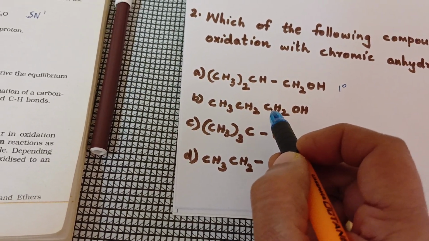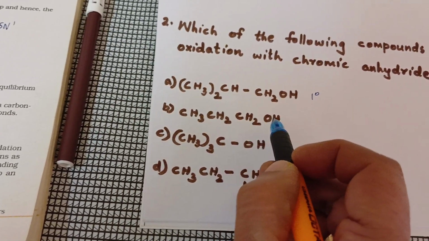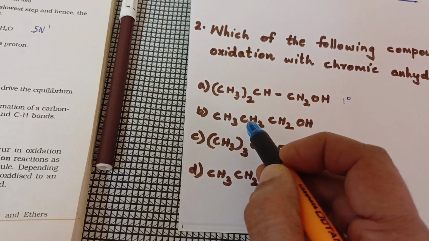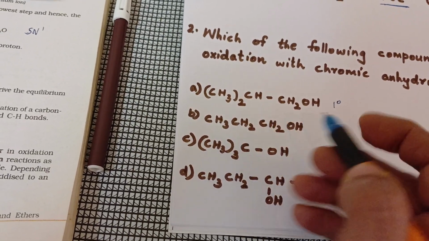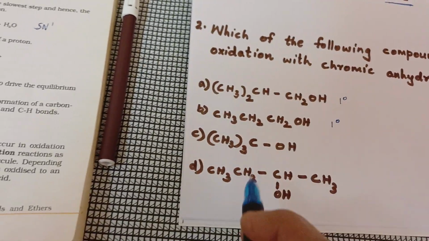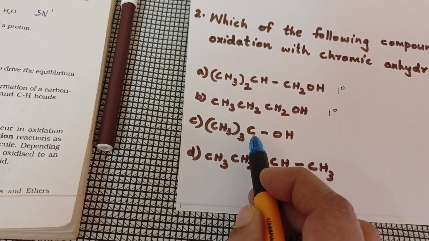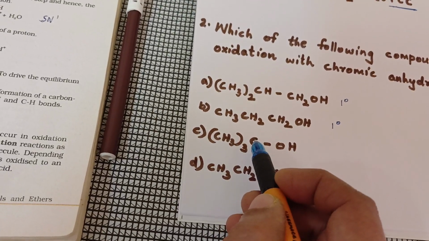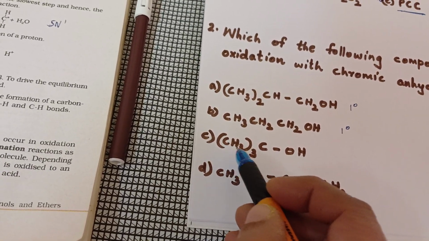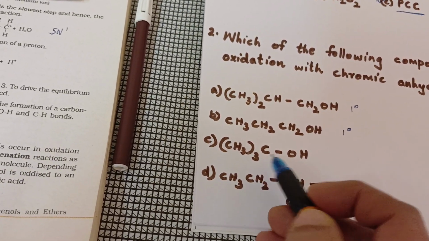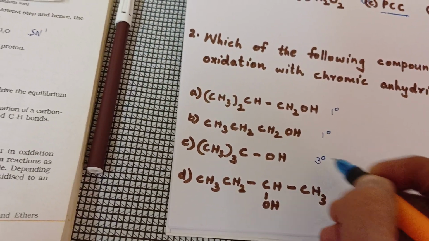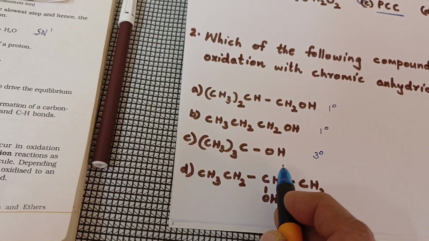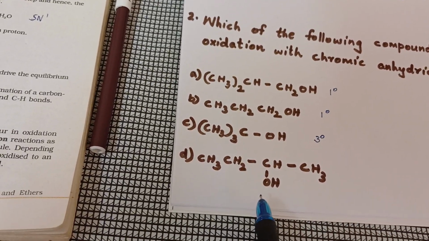What about this? This carbon has an OH group on it. This is also attached to only one other carbon. So this is also primary. This carbon has an OH group on it, but it is attached to 3 other alkyl groups. So this is a tertiary, or 3-degree, alcohol. What about this?